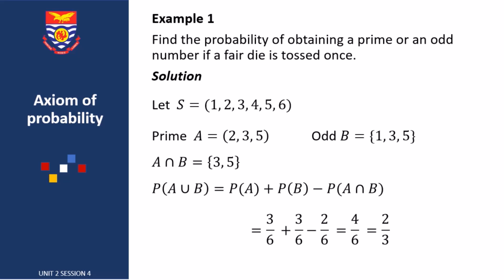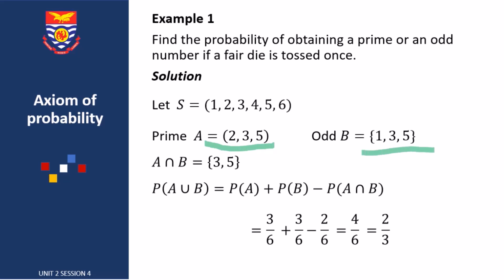Now we're looking for an observation that is a prime or an odd number. The prime numbers in that set will be 2, 3, and 5. Let B be the odd numbers, that is 1, 3, and 5.